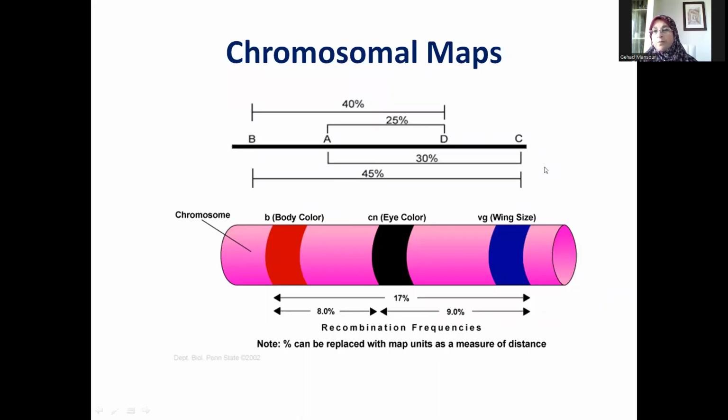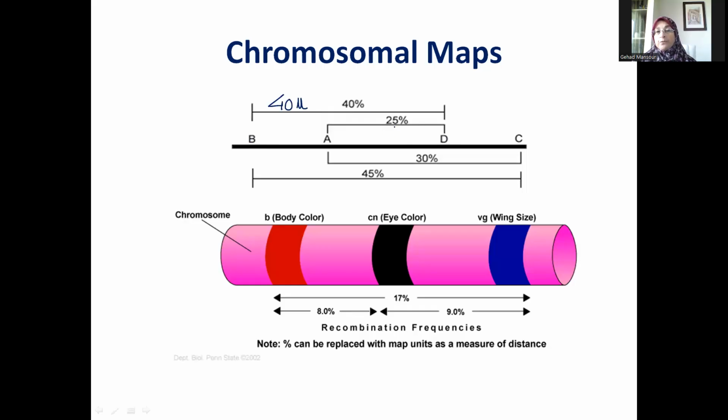When you get chromosomal maps on a test, for example, you might have two different shapes of the chromosomal map. It might look like this in the form of straight lines, or it might be a 3D diagram like the one below. If we consider the one above here, we have 4 alleles: B, A, D, and C. They're giving you the percentage of the frequency of crossing over between B and D, and this simply means that the distance between B and D is 40 units.